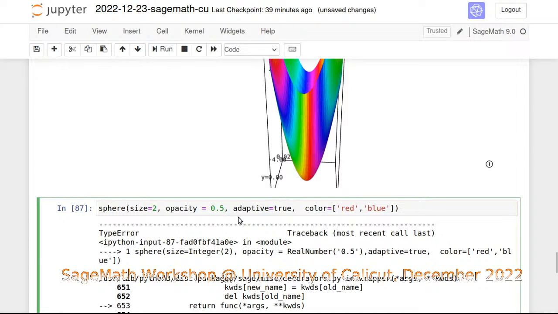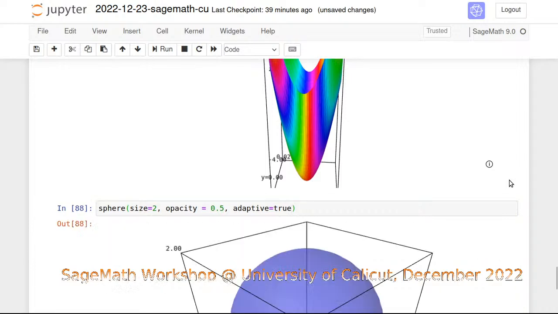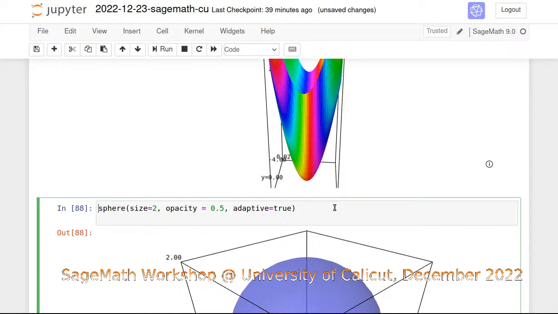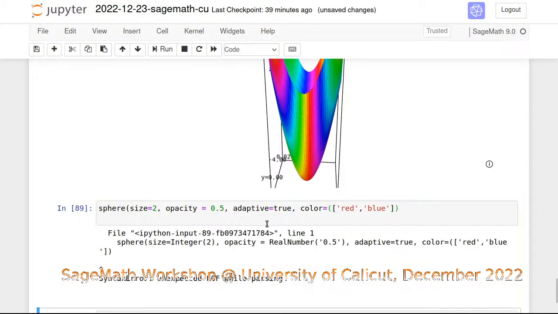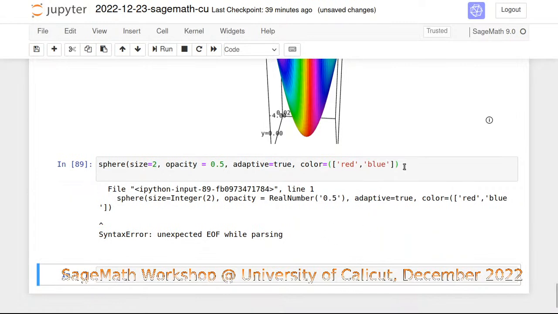Size equal to 2, adaptive equal to true, color equal to red, blue. The colors we are giving are not getting accepted, unexpected end of.